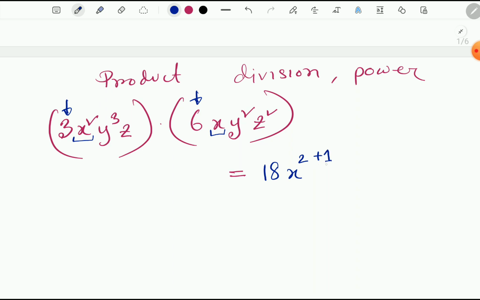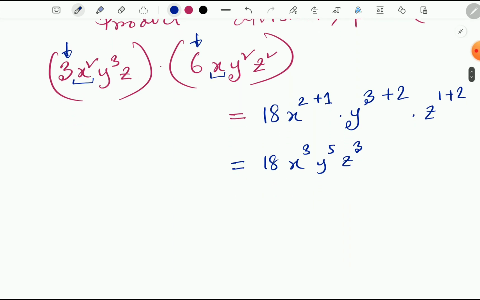Now we'll consider y has 3 initially, and then in the second uninomial it has 2; z, 1 plus 2. So our answer is 18x cubed y to the 5 z cubed.